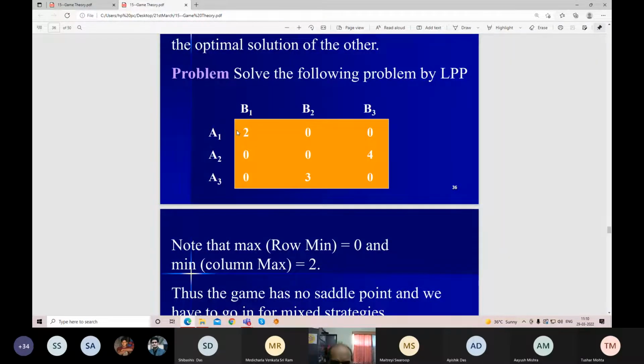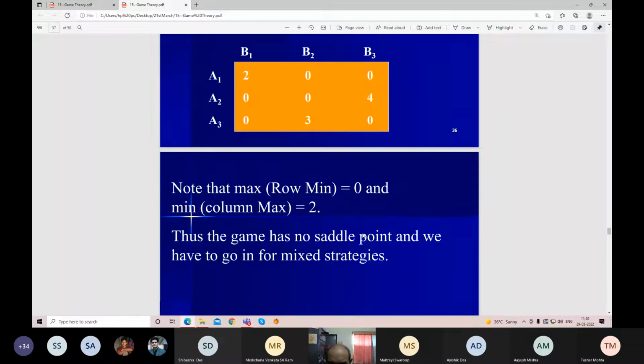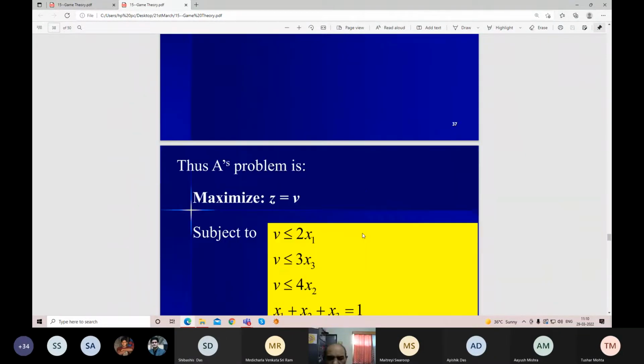Then after taking the column maximum, take the minimum, that is becoming 2. They are not the same, 0 and 2, they are different. So the game is unstable.